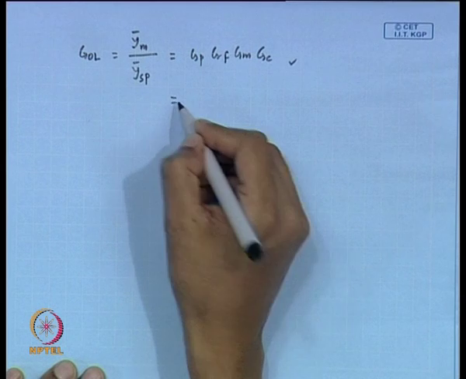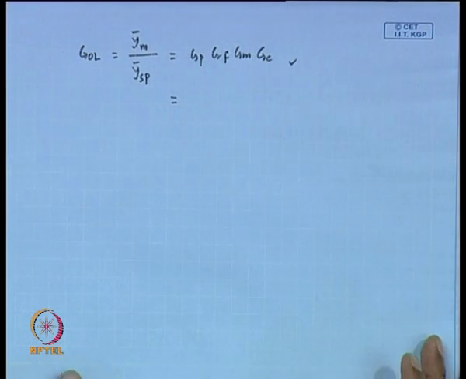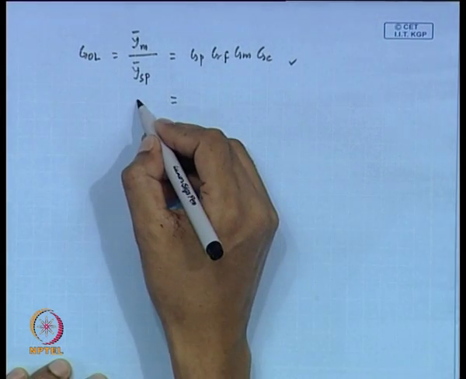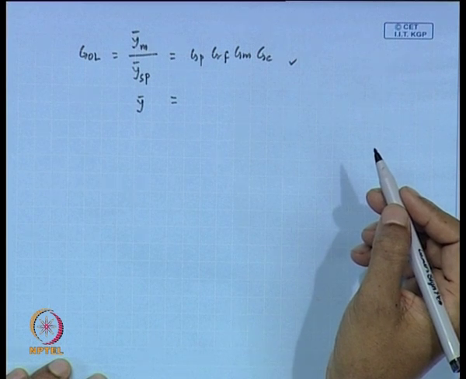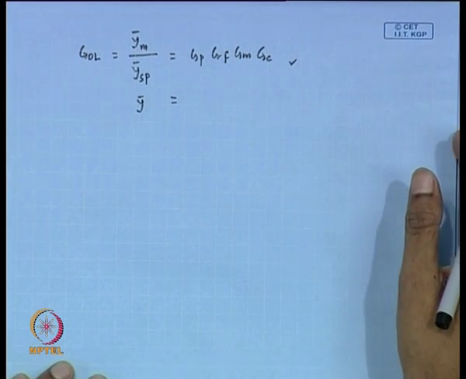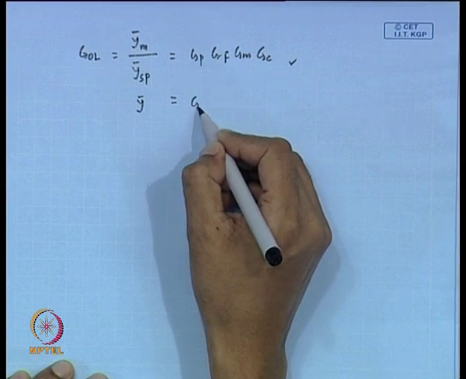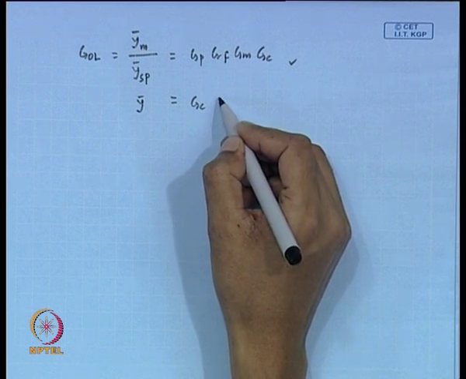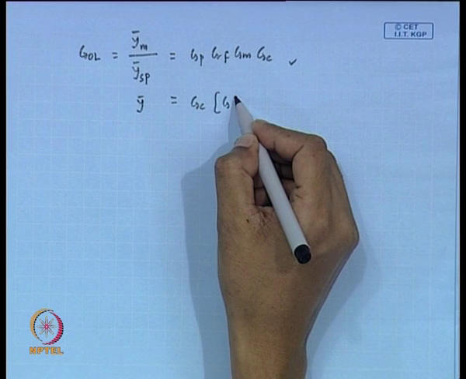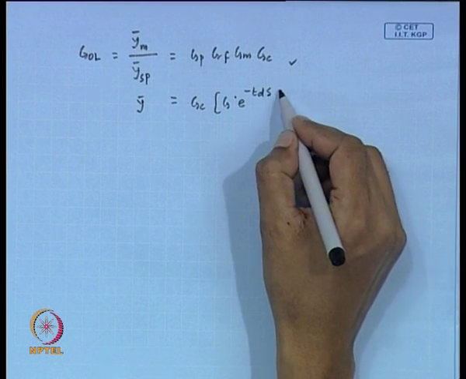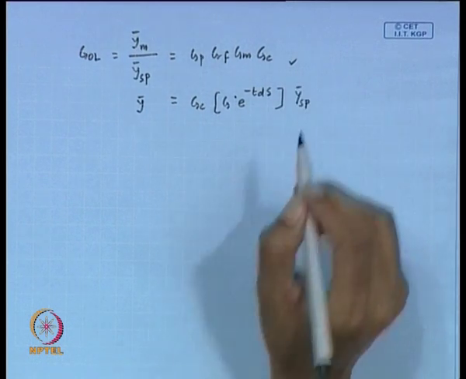Fine. We know the expression for all these individual transfer functions. Substituting those, we obtain y bar. Here y m bar and y bar both are identical, because we have considered Gm equal to 1. Then we obtain Gc, Gs, exponential of minus Tds, y set point bar.